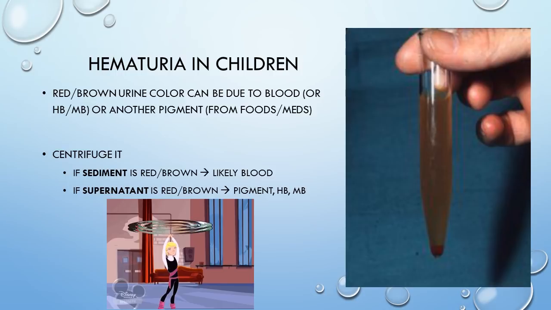If the supernatant is red or brown, so if even after centrifuging we still have red or brown in the liquid portion, then it's most likely due to a pigment. So maybe they ate a bunch of beets or had a lot of dye in some of the foods or drinks that they recently had, then that's just what's coloring their urine. Hemoglobin and myoglobin will also give the supernatant that red-brown color.